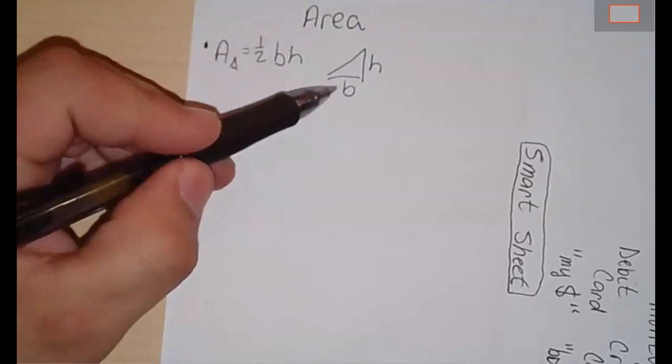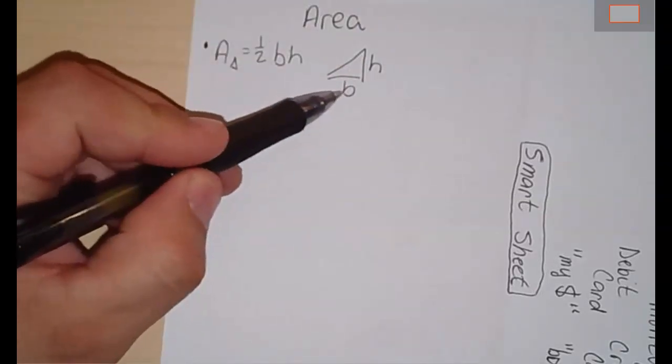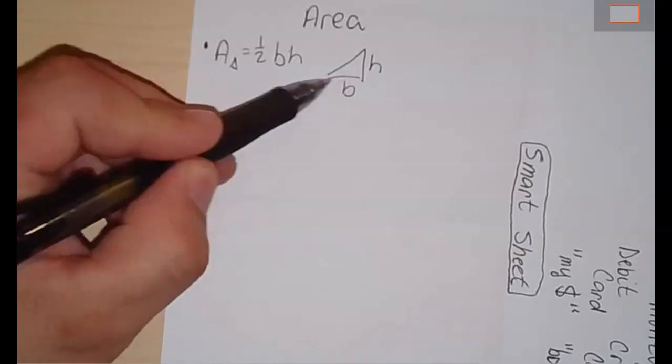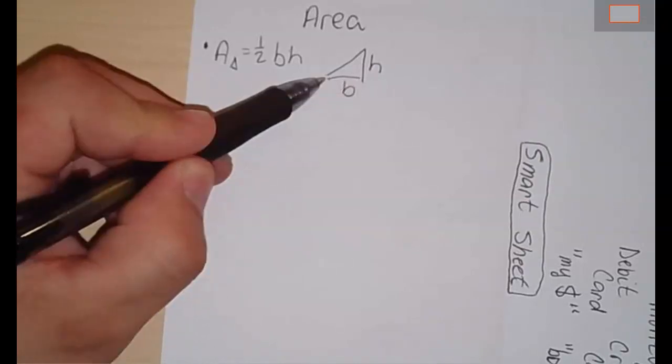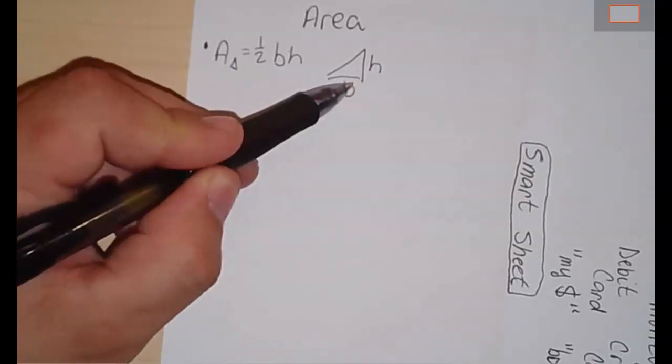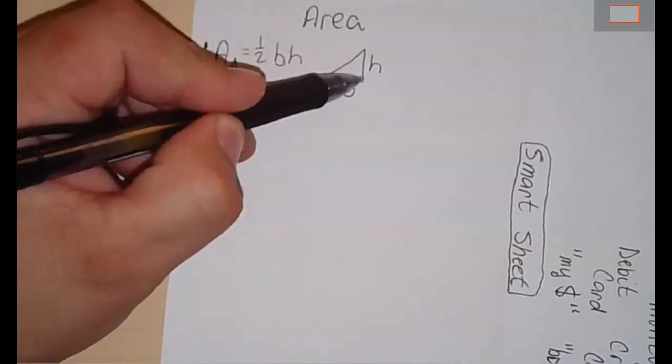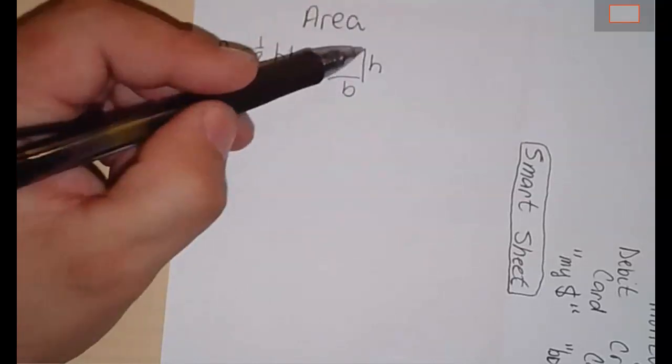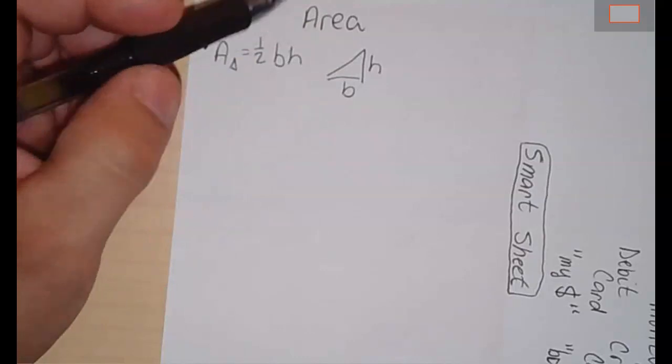If they give you a simple triangle, and the base is left to right, you're good. If the height is straight up and down, you're good, or the distance straight up and down.